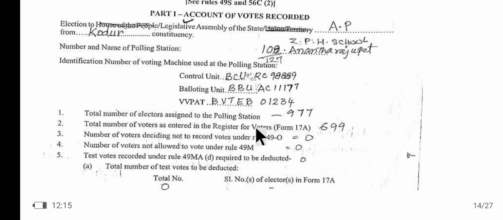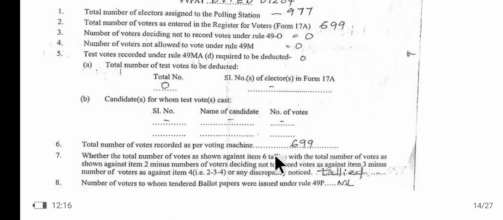Here, write the total number of electors assigned in your respective polling station, the number of voters who turned up and exercised their franchise or cast their vote, the total number of electors who participated in the election, and the number of voters who decided not to record their votes. Please fill in the relevant information and go to the next part.